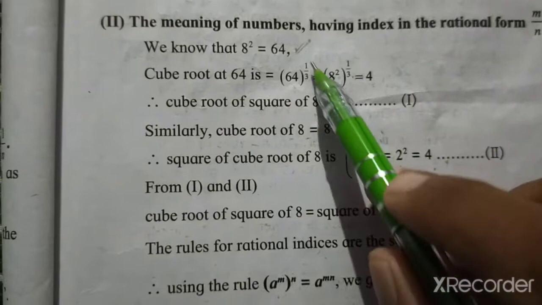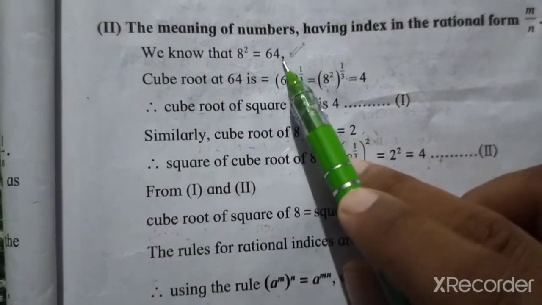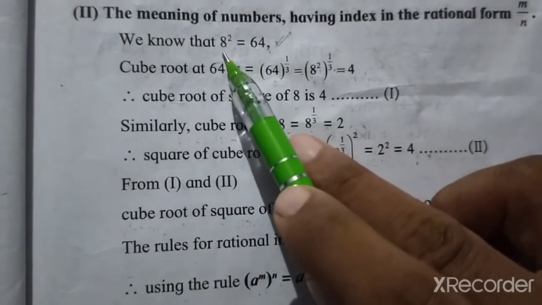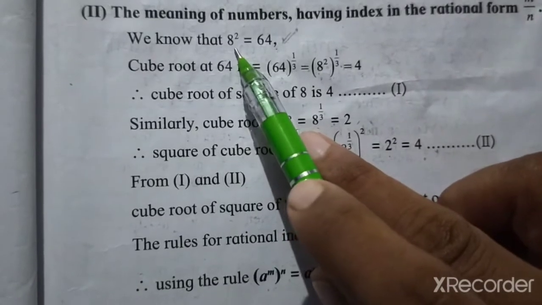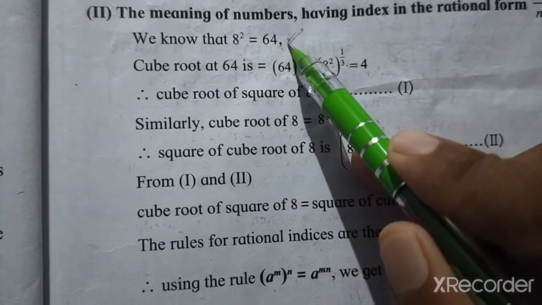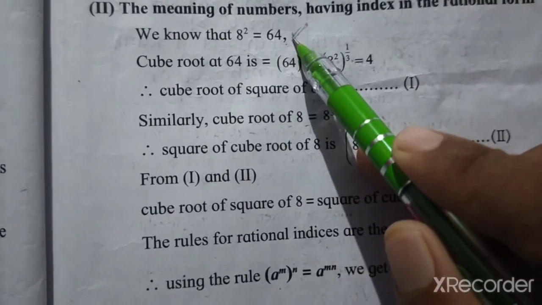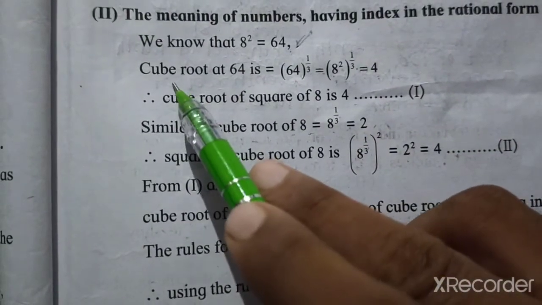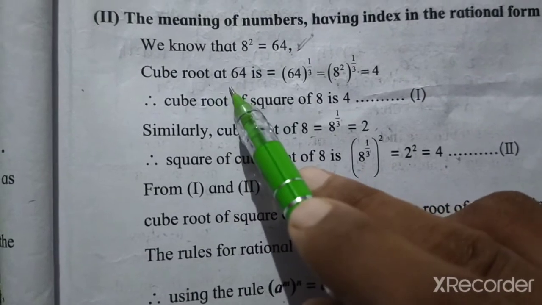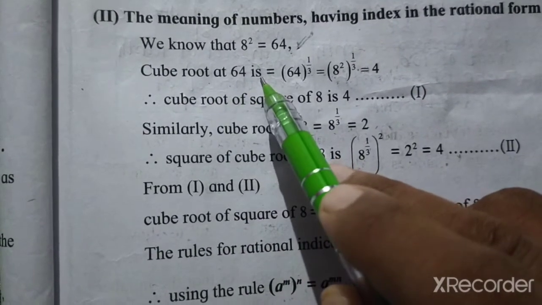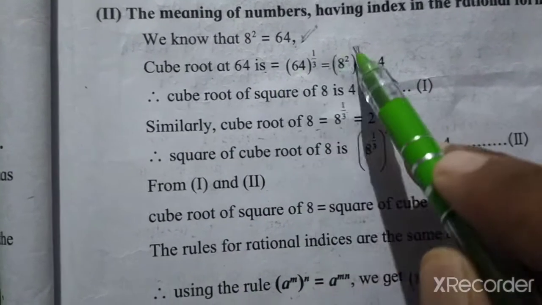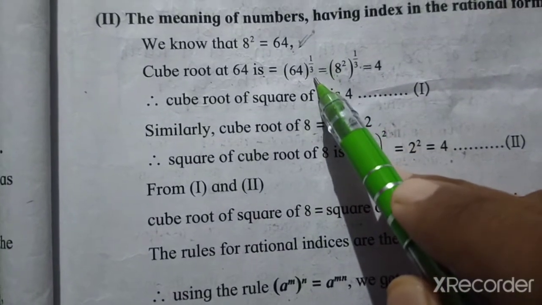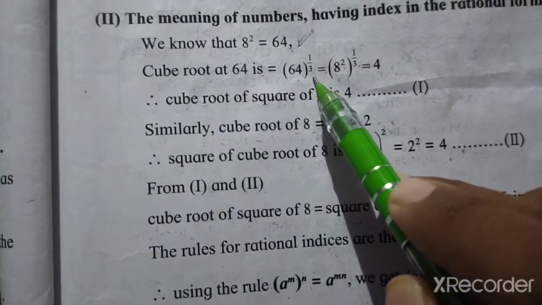From this example we'll see. We know that 8 squared is equal to 64, 8 into 8 is 64. So we can write the cube root of 64. The cube root is in the index form 1 by 3.